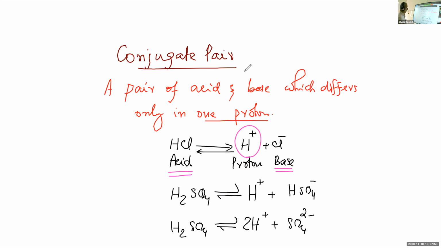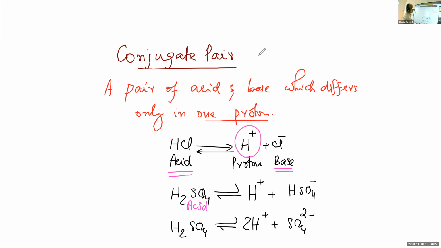You take H2SO4 and consider the forward reaction. In the forward reaction, H2SO4 gives a proton, H plus ion. So by definition, H2SO4 is an acid because an acid is a proton donor.